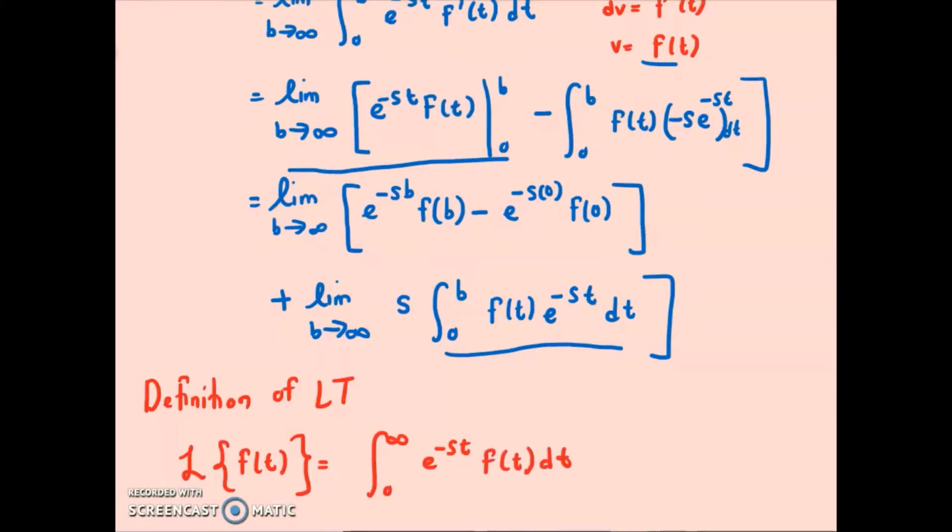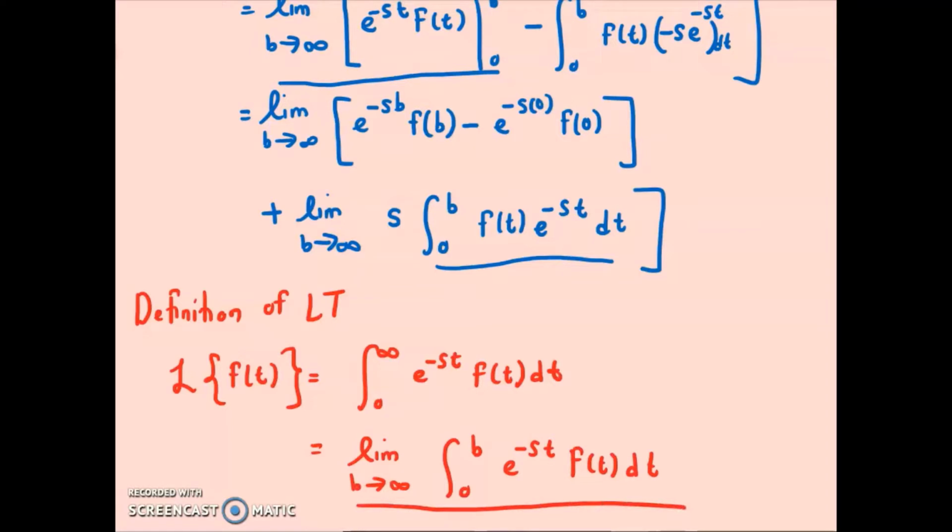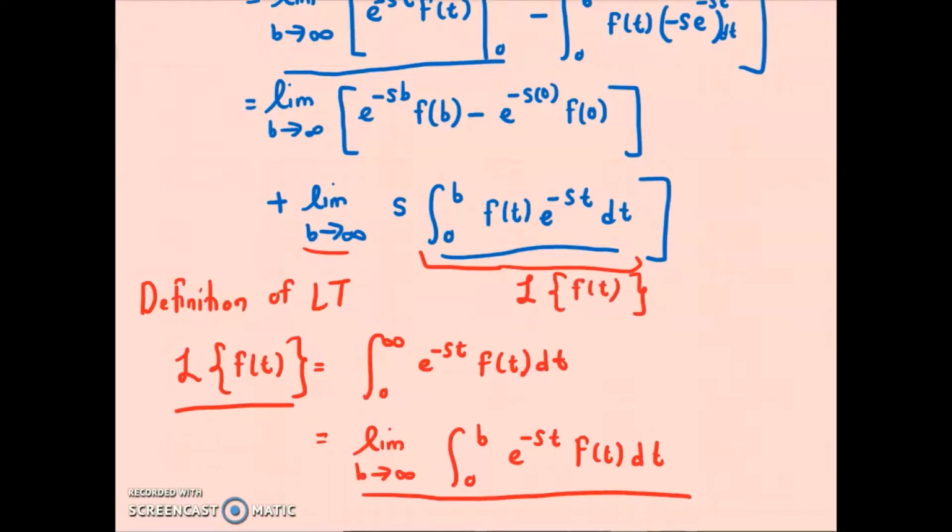Then obviously if you take the limit, this will be the limit as b approaches infinity from 0 to b of e to the negative st f of t dt. So this whole thing is equal to this. So I can say this term here, together with the limit, is equal to the Laplace transform of f of t.